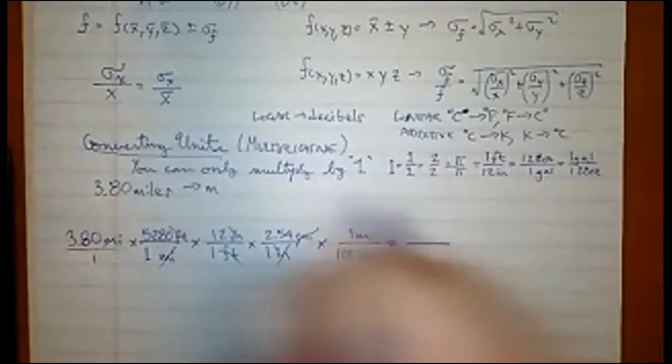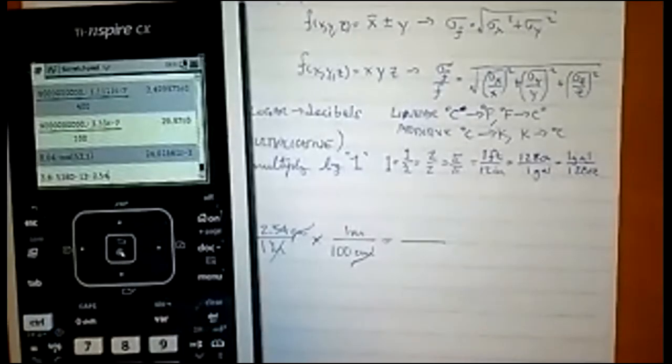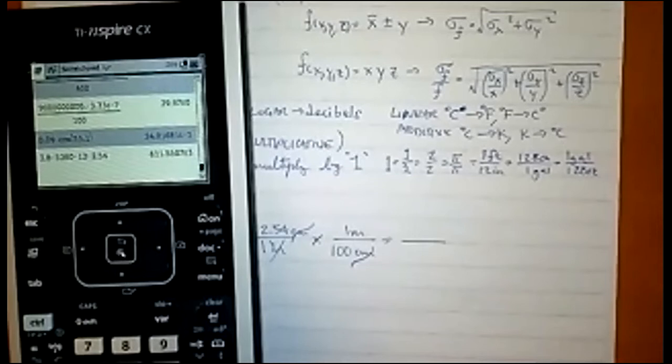So what I'm going to do is multiply 3.8 times 5280 times 12 times 2.54. And I know what you get when you multiply by 1, so I don't need to do that. You can see on my calculator that I did 3.8 times 5280 times 12 times 2.54.